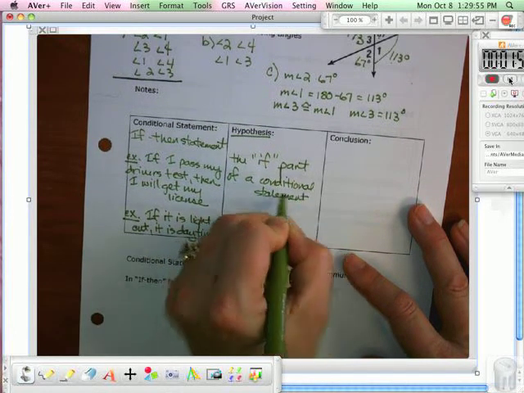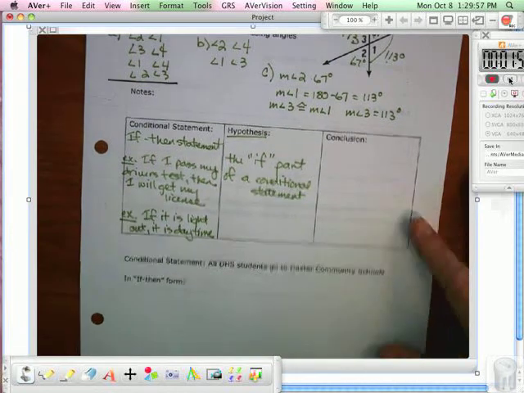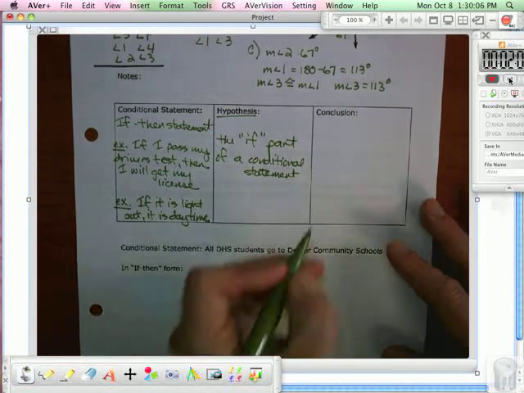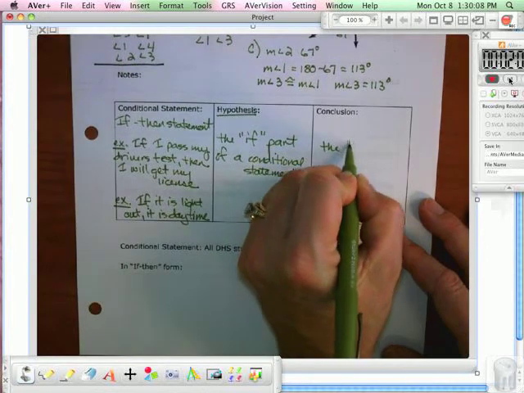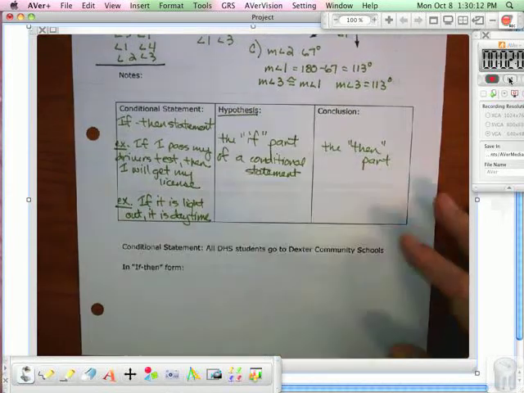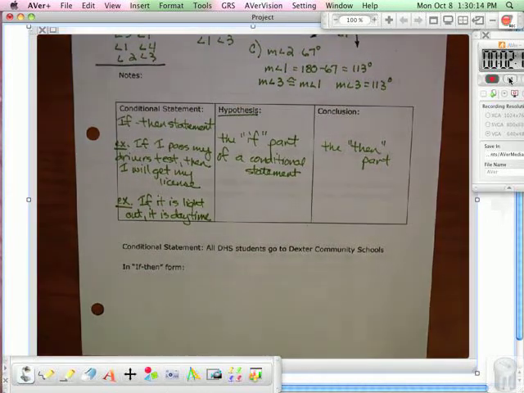If that's the case, then what part is the conclusion? The then part. That's right. See how smart you guys are? Makes kind of sense. If you're guessing something, then this happens. This is the conclusion.